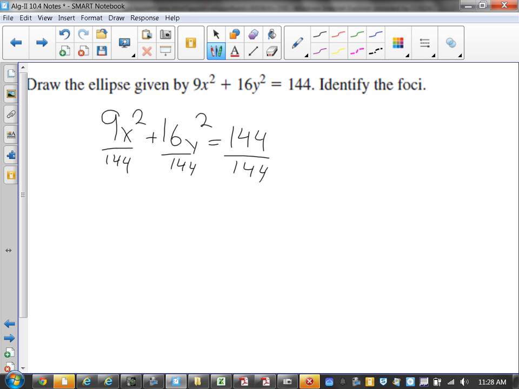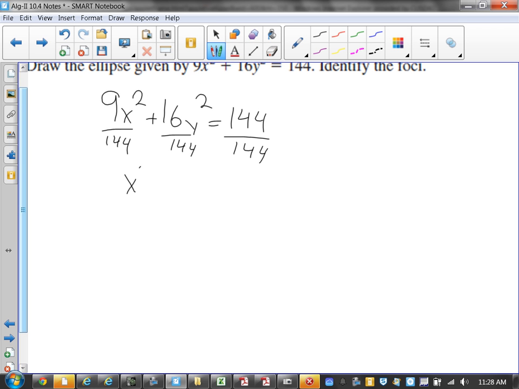I wanted to get the one side equal to 1. So when I do that, you wind up with some pretty easy fractions. X squared over 16 plus y squared over 9 is 1.